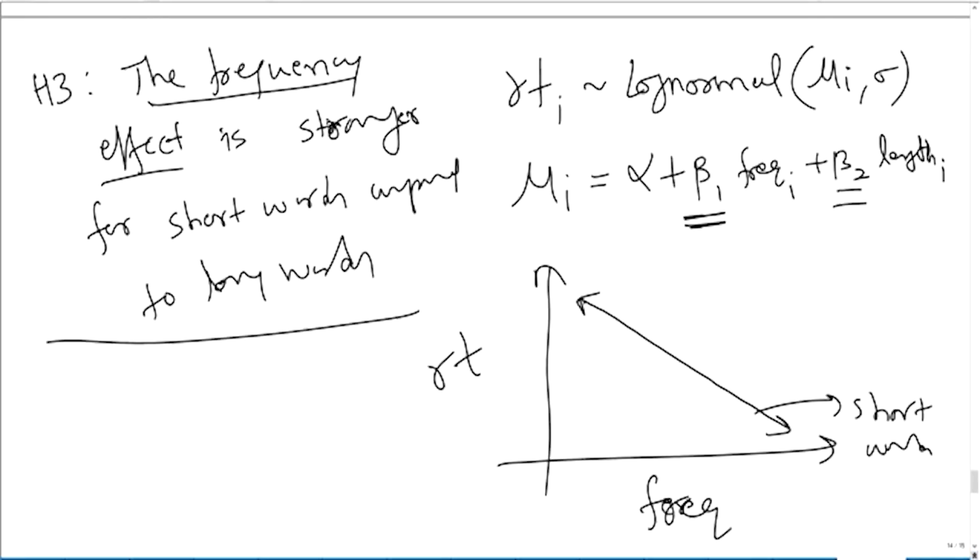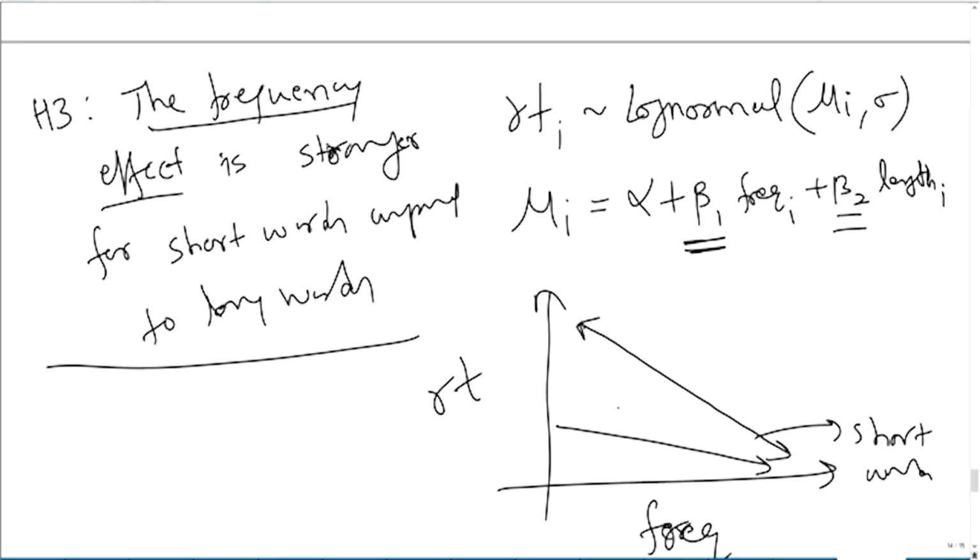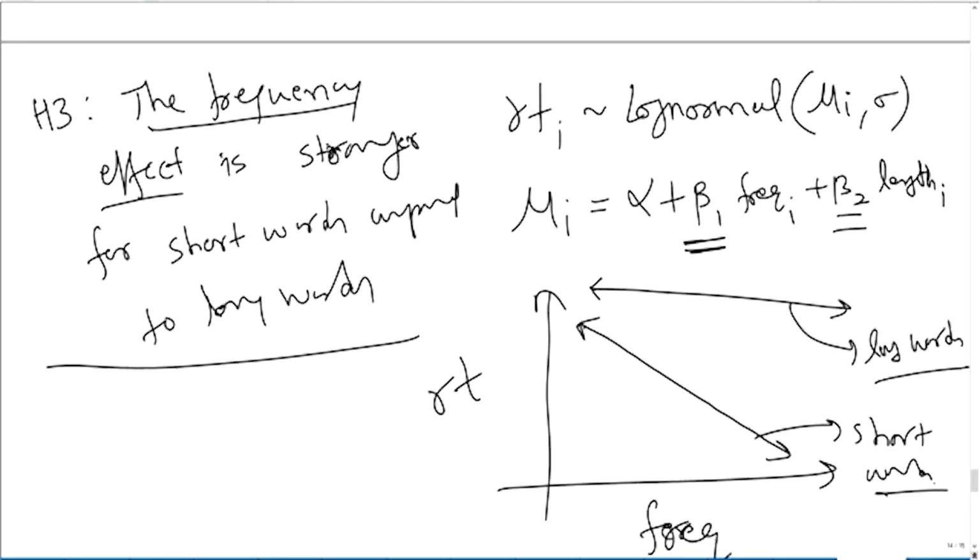What this statement means is that for longer words, if this is the slope for short words, for longer words, this slope would be something like this. So not below this, because long words would be relatively slower. So, for the longer words, the slope would be something like this. So, let's say this is for longer words and this is for shorter words.